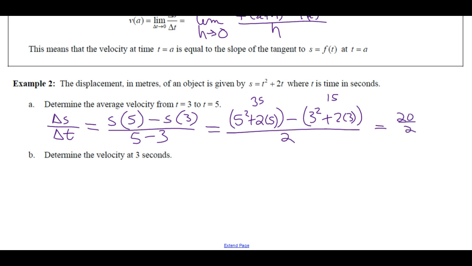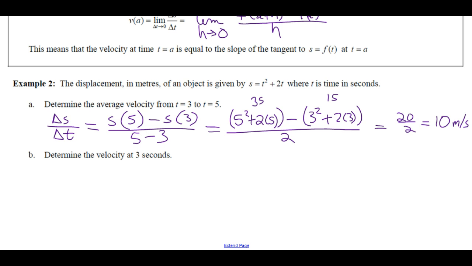So 20 over 2, which is 10 meters per second. The average velocity in that time interval: we went from a position of 15 meters to a position of 35 meters, so we went 20 meters in a time of 2 seconds, which gives us 10 meters per second.